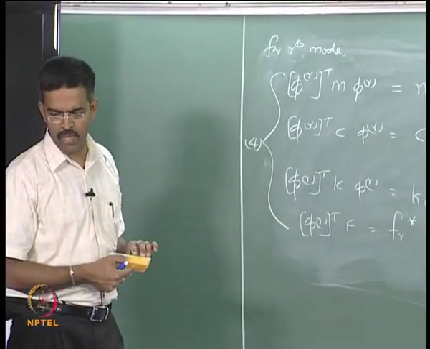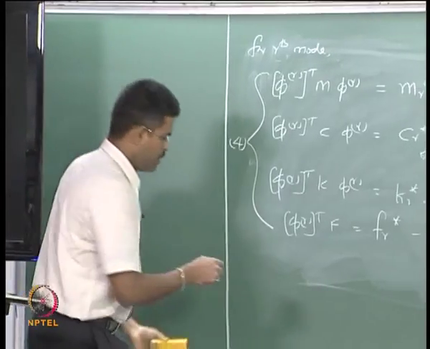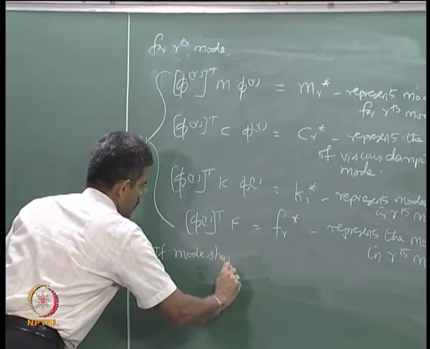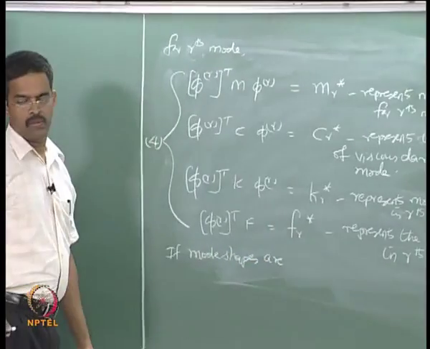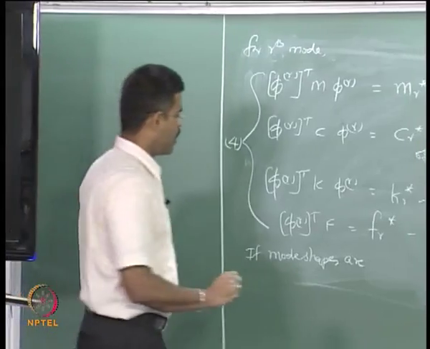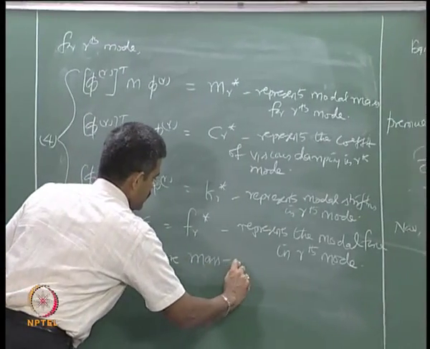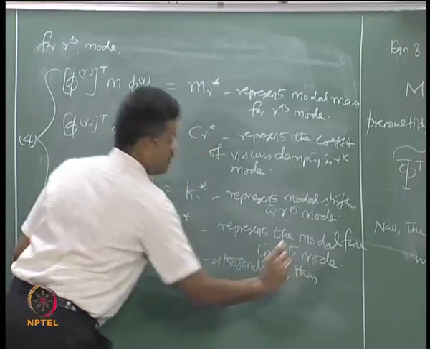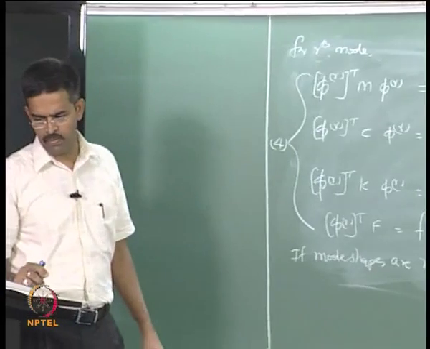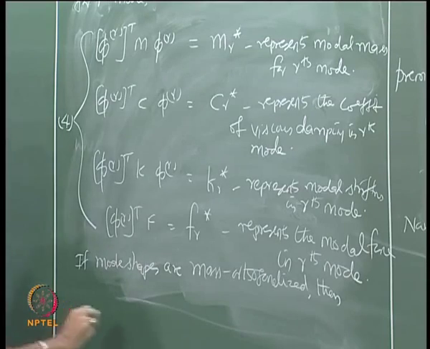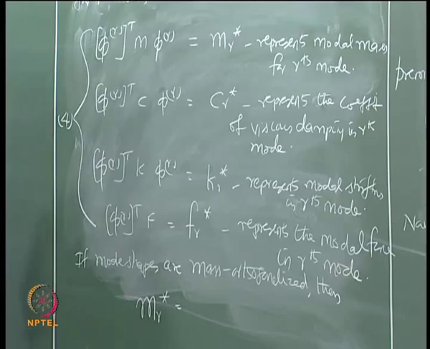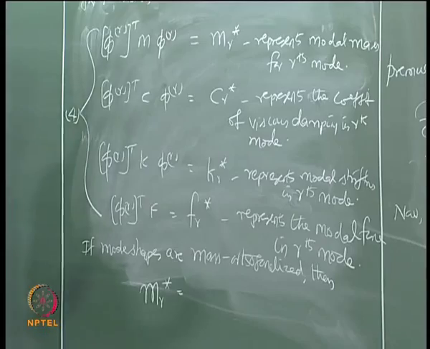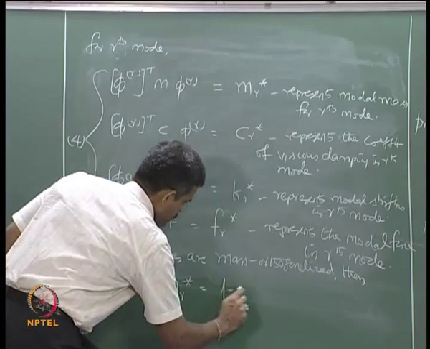That condition is, if the mode shapes are mass orthogonalized, then you can orthogonalize them with respect to stiffness also. Then M R star, what will happen to M R star if it is orthogonal with respect to the mass matrix? It becomes 1.